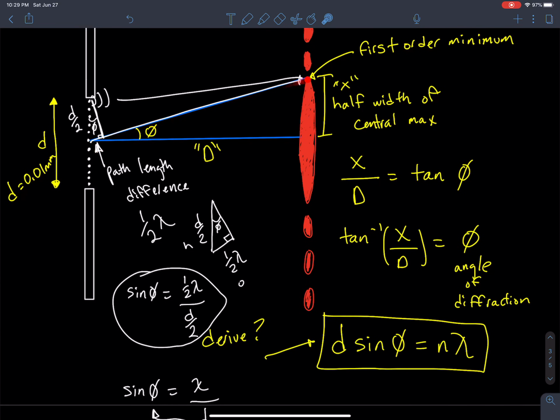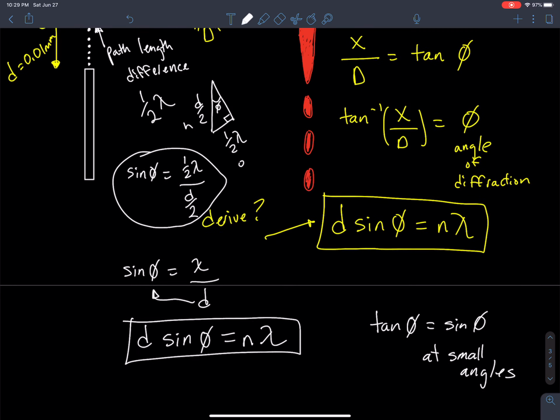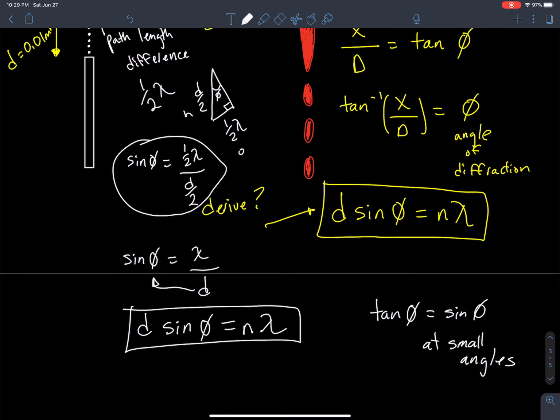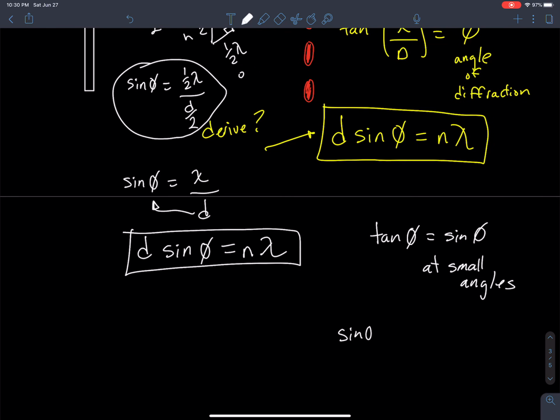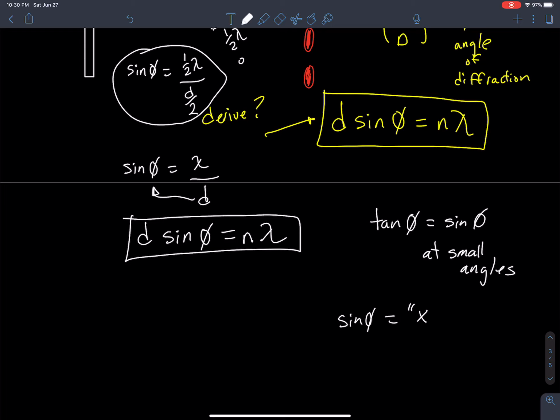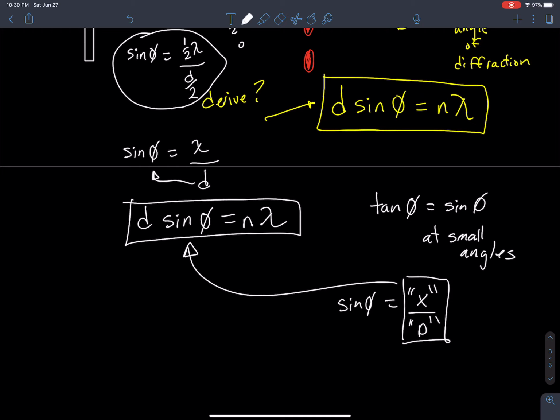That's an important thing to know. So sine theta then becomes the ratio of my half width, which I'm going to call x, over d. I can just plug x over d in here, times d is equal to n lambda, and then I'll be able to calculate the wavelength of a laser or whatnot.